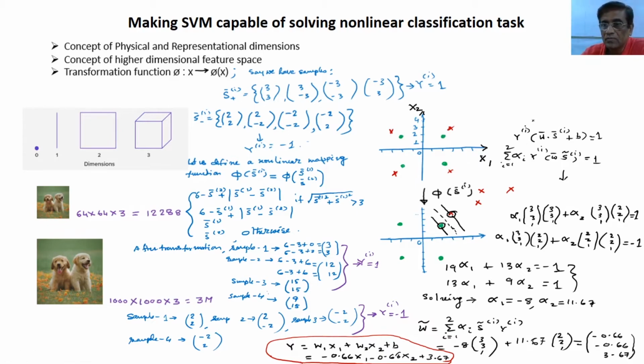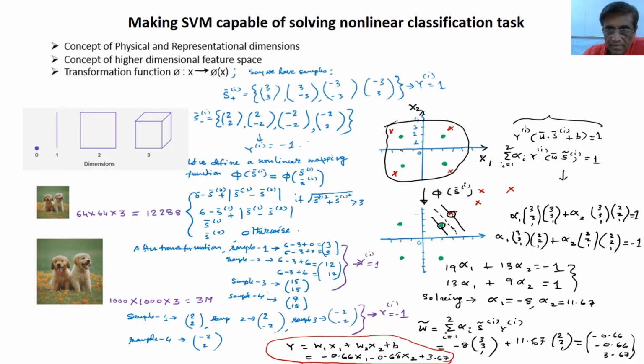And you know, this is what our constraint is, the constraint for the samples on the gutter, that means for support vectors. Now you see clearly this problem is non-separable in this plane, isn't it?